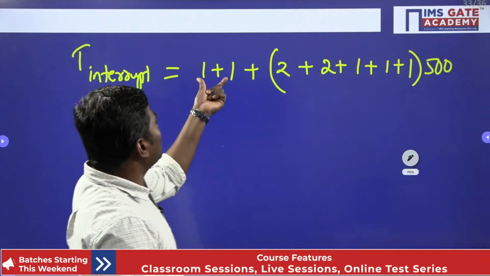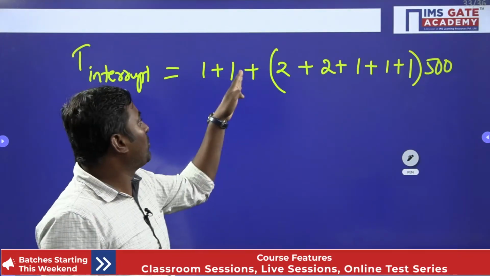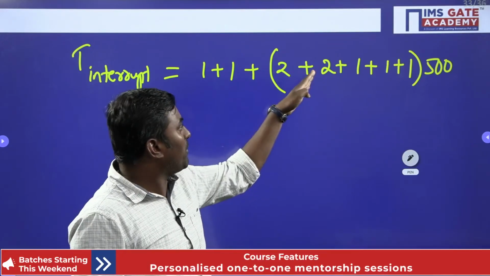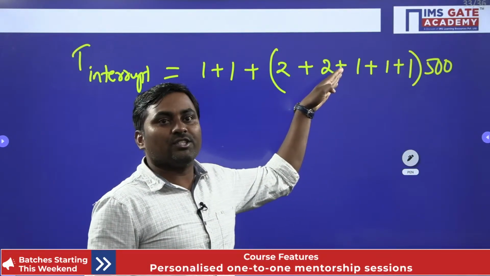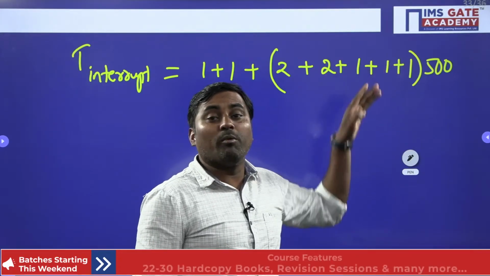See, initialization. What is initialization? Address register, count register. Then the loop will start: load a byte, store a byte, increment the address register, decrement the data count register, check the condition. This loop will repeat 500 times.